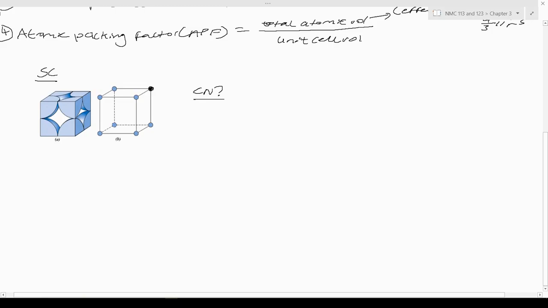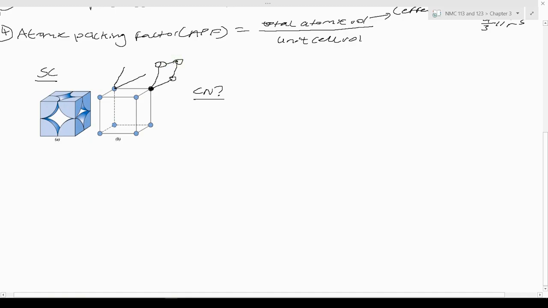With that in mind, you have another unit cell at the back, and I'm not going to draw the entire unit cell, but here you have an atom. And at the top, excuse my drawing, you have another atom for the unit cell at the top.